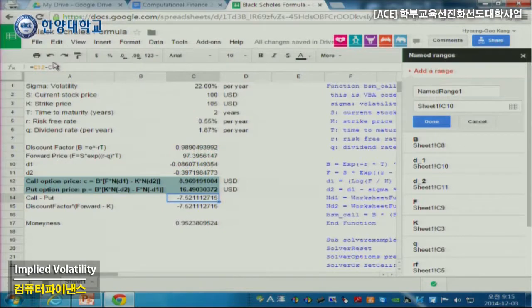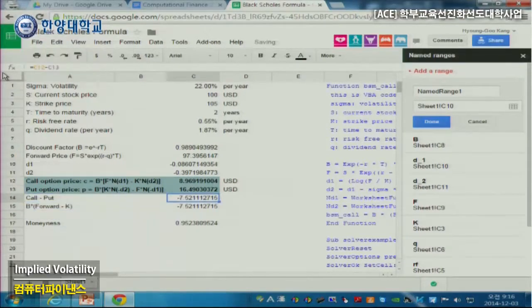So you all remember this one, right? And then we can check whether our solution is right or wrong with put-call parity. Call minus put price should be the same as the discount factor B multiplied by (F minus K).